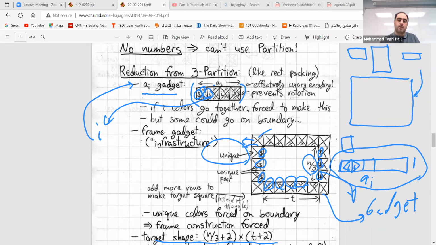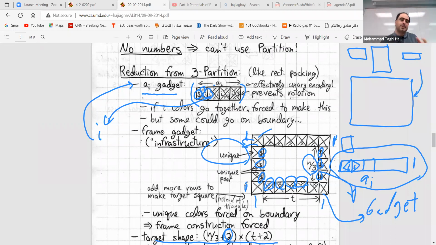Why plus 2? Because we have 1 here and 1 here, so it is t plus 2. The same thing, we also have n over 3 plus 2, because there is 1 extra here and 1 extra there. Clear? That's the type of gadgets that we use a lot.